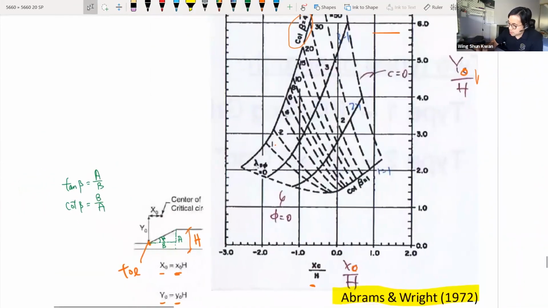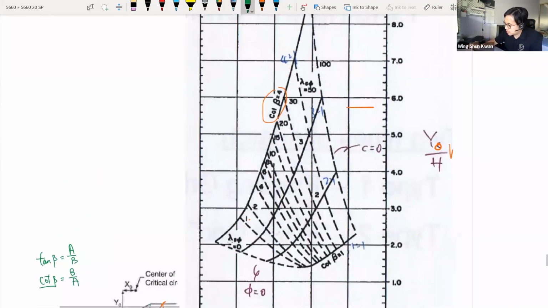This cotangent beta right there, which is the ratio of these two dimensions of the geometry, will give you the slope line. So you have a 1-to-1 slope, 2-to-1 slope, 3-to-1 slope, and 4-to-1 slope. You can only handle up to a 1-to-1 slope, which is 45 degrees.